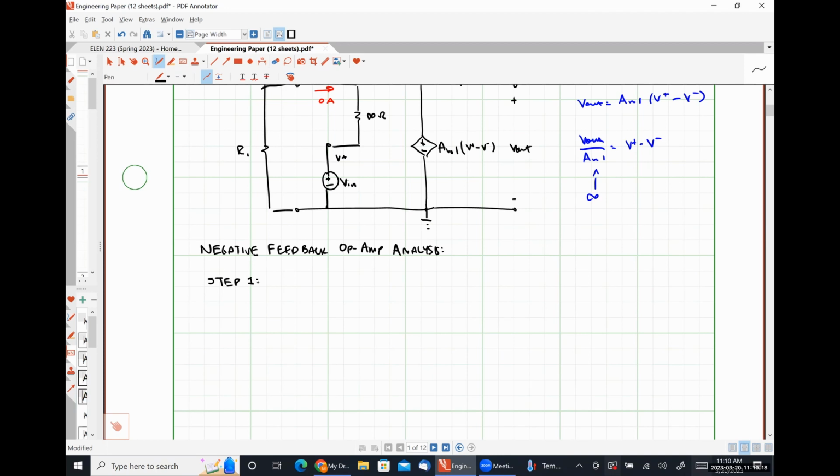Step 1 will be to apply rule number 1 and determine V plus, the voltage present at our non-inverting input node.